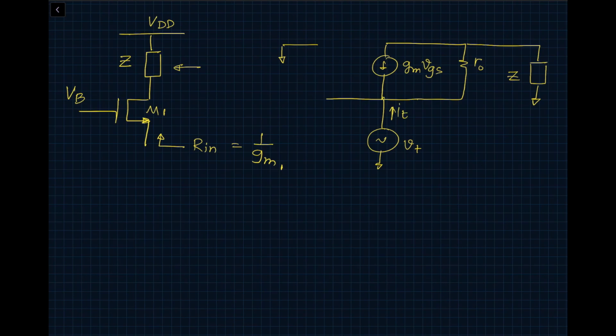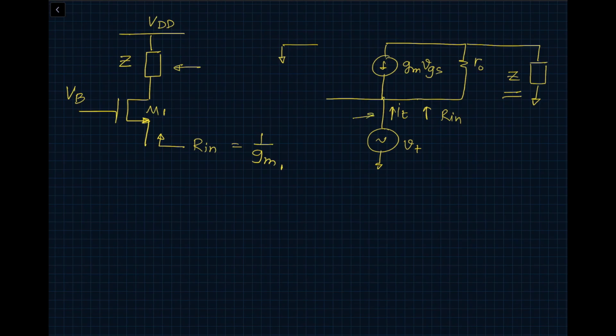Now you can quickly see that Rin is given by Vt divided by It. What I would like you to imagine is what happens if Z is equal to infinite. For example, it's a current source with a very high output resistance. You can quickly see that if Z is infinite, then the value of the current It is going to be 0.